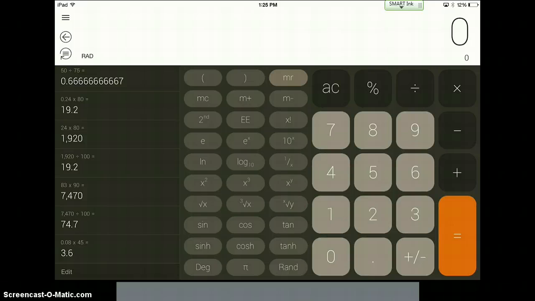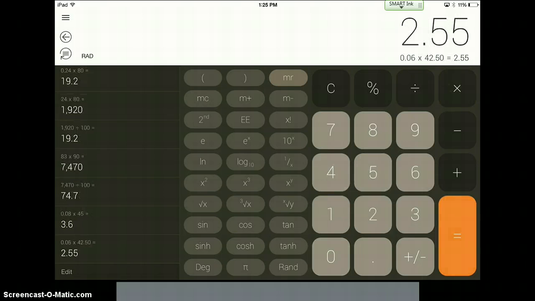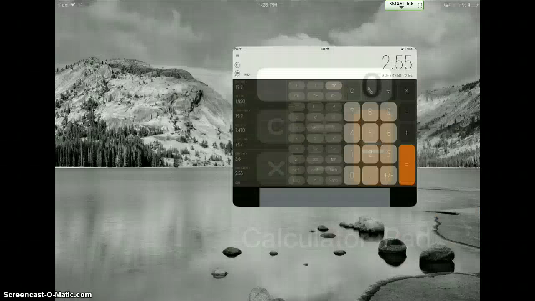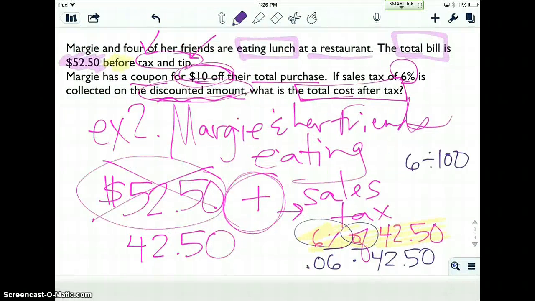Oh no, I forgot. Let's see, it was 6%. So I'm going to do 0.06 times the discounted amount of $42.50. And there I have it. Oh my gosh, it's already in money for me. $2.55. I don't even have to do any rounding. So this amount was $2.55.